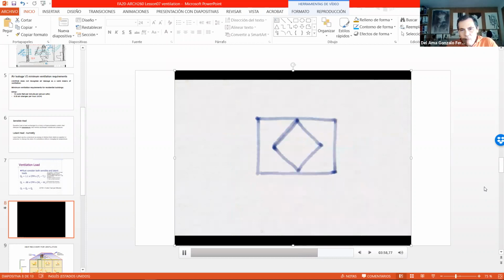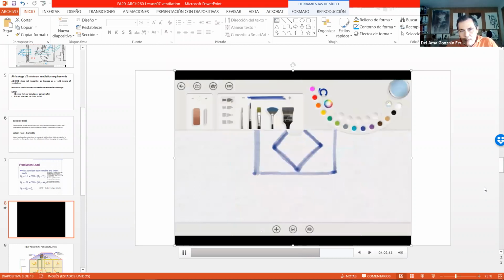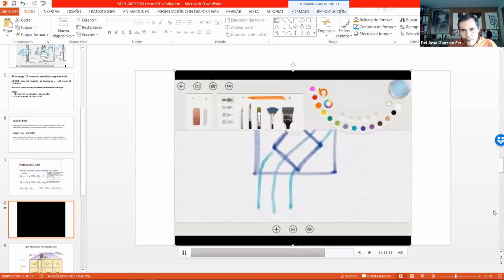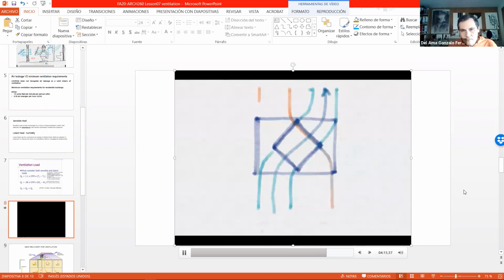We have 4 different ducts in a heat recovery device. Through that, yep, like this. And then there's another duct going through that element. So here we can have warm and cold air, for example.